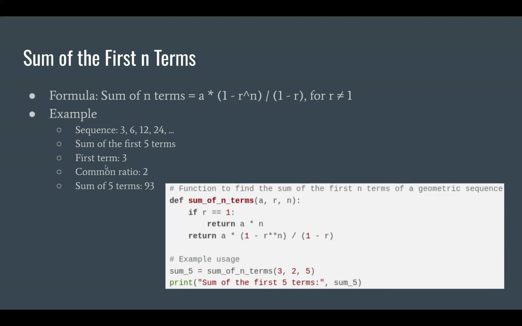Here, we know that the first term A is 3, and the common ratio R is 2. We substitute into this formula, and we should get 93. In Python, we have the function sum of n terms, which calculates the sum of the first n terms using the formula. Then we should be able to provide appropriate A, R, and N in order to calculate.